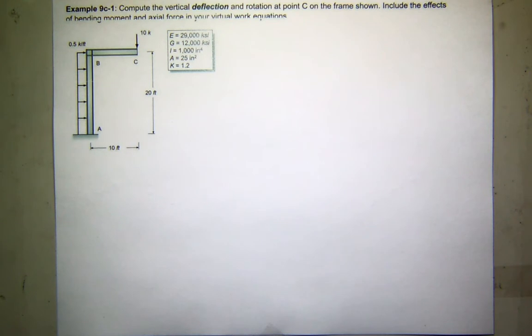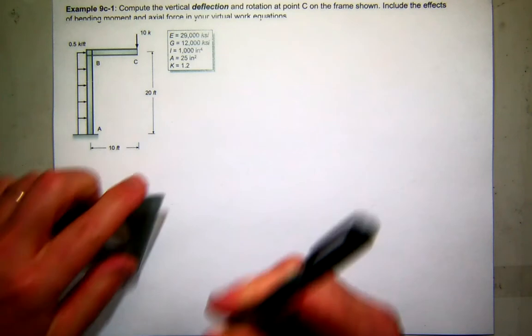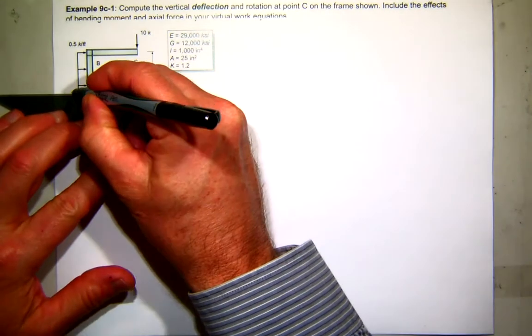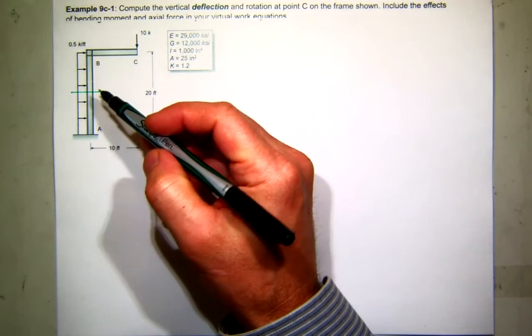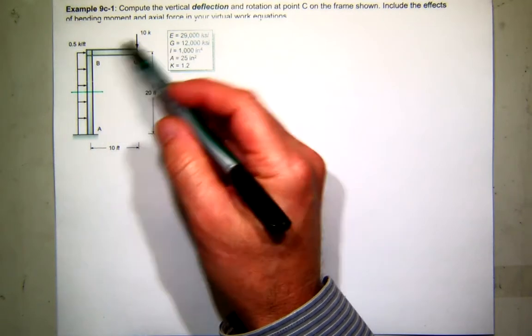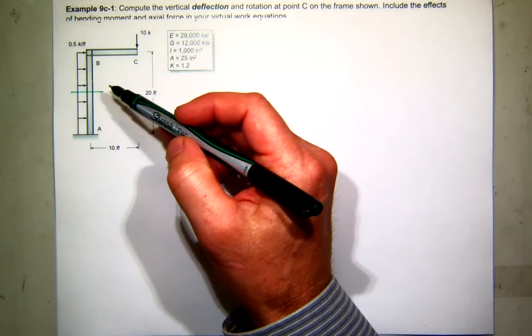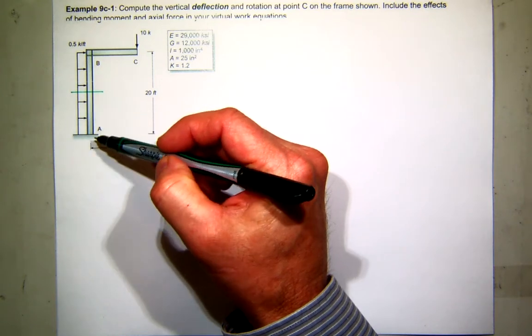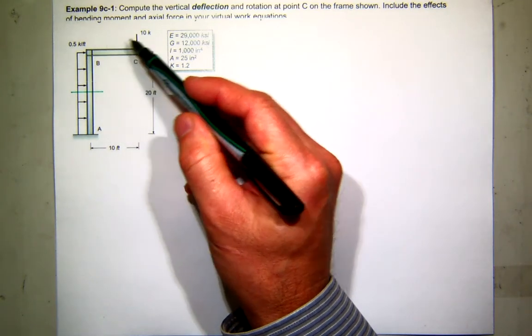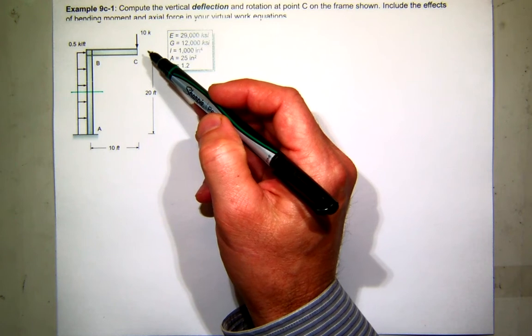So let's just talk about this for a second. If I were to cut this section here, AB, and looking at the total system, would you want to look at the free body that's below the cut or the free body that's above the cut? You can make that choice.